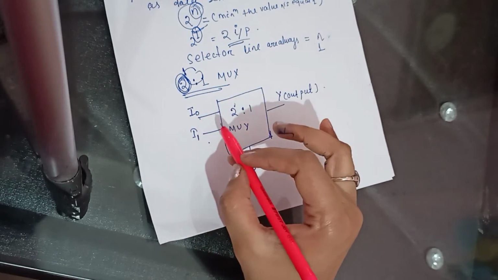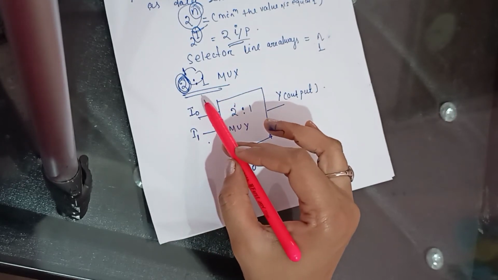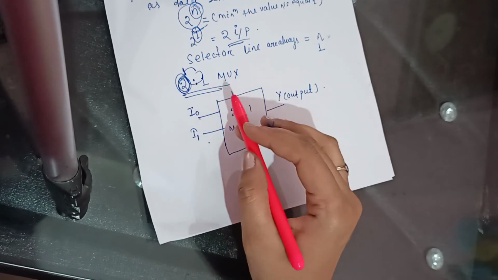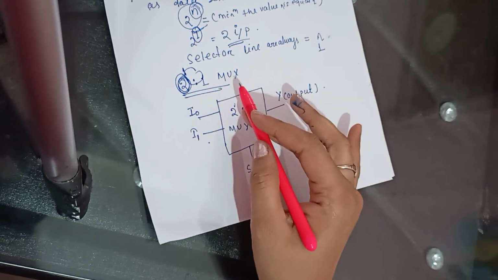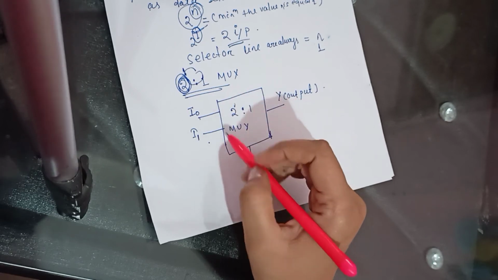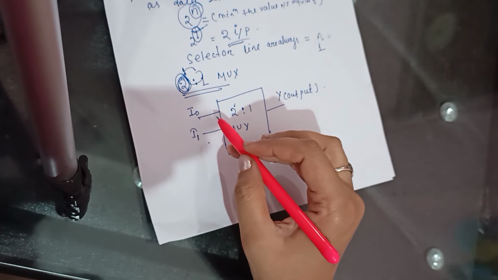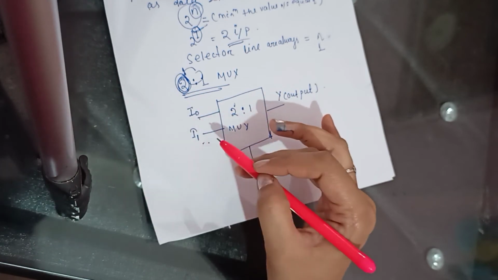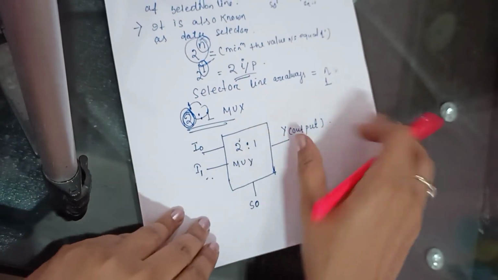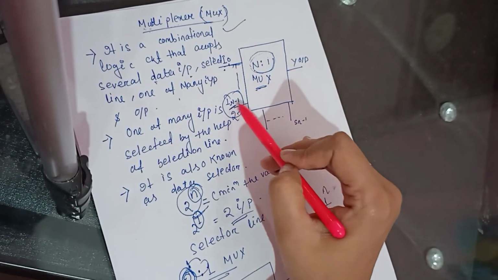The number of input lines is always taken with the minimum value of n equal to 1. So 2 to the power 1 is equal to 2, denoted from I0. If we have 2 lines, then I0, I1. If we have 4 lines, then I0 to I3. That is denoted as I0 to I(n minus 1).